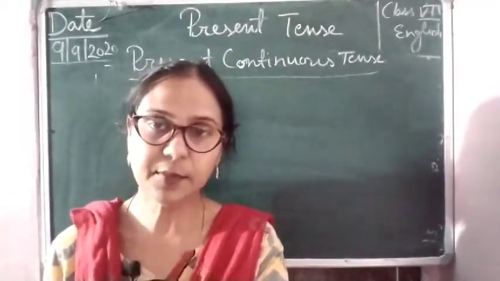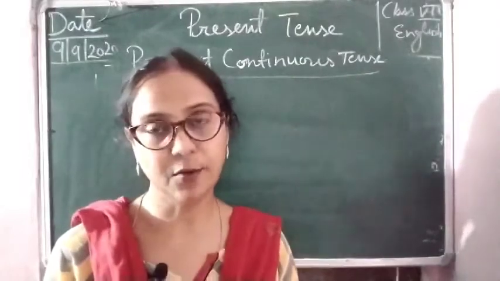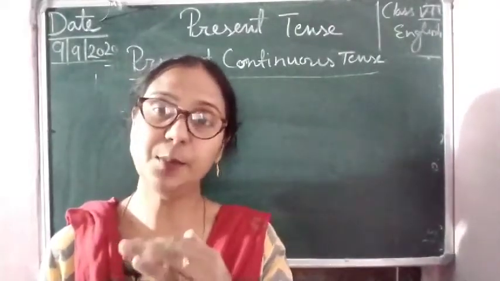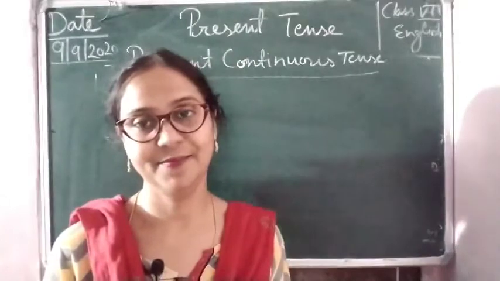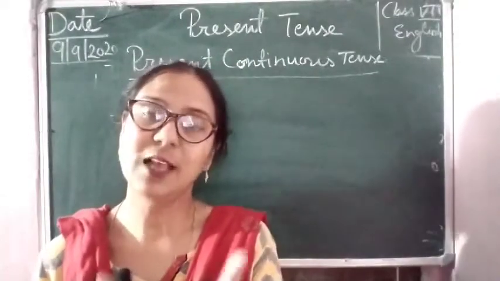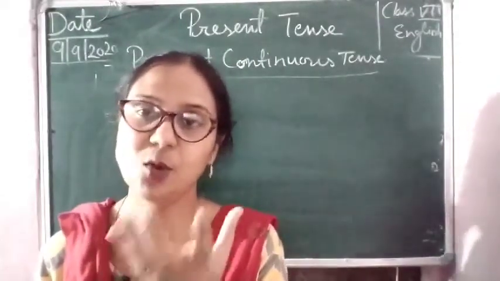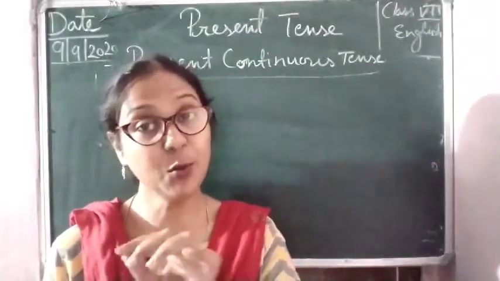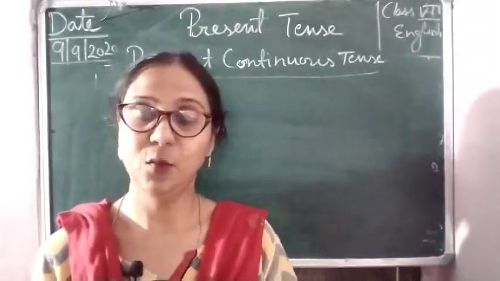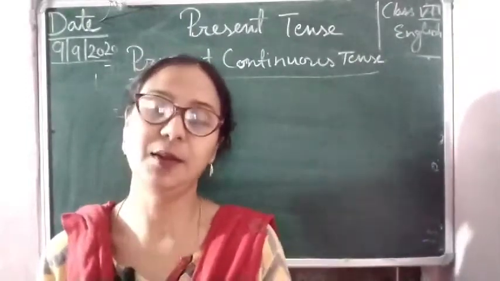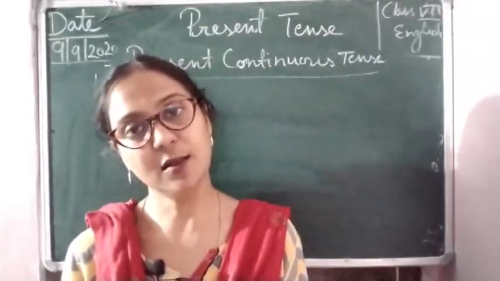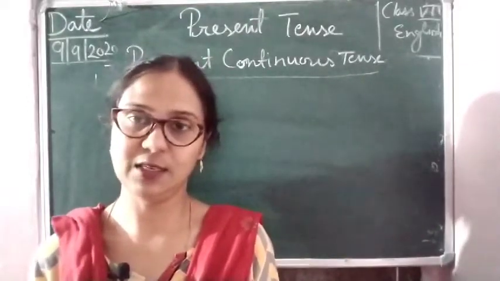I am giving something and you are taking from me, and we are doing in the present tense. We are doing now. That is called present continuous tense. What the action is going on in the present tense, that is called present continuous tense.